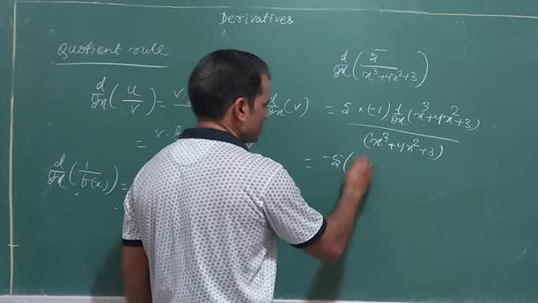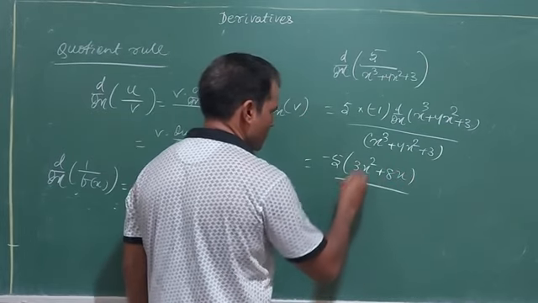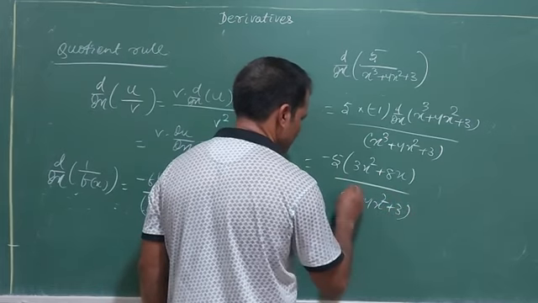That is minus 5 into 3x square plus 8x by x cube plus 4x square plus 3 whole square.